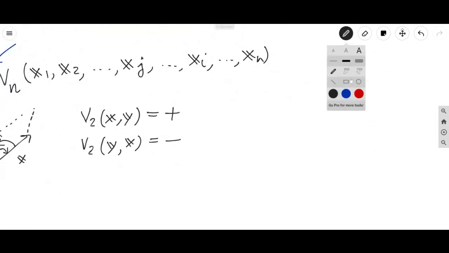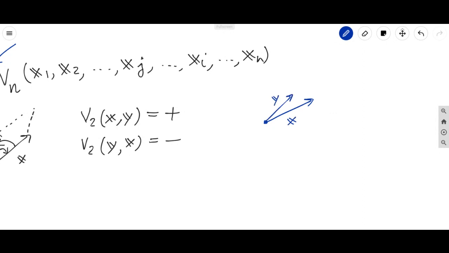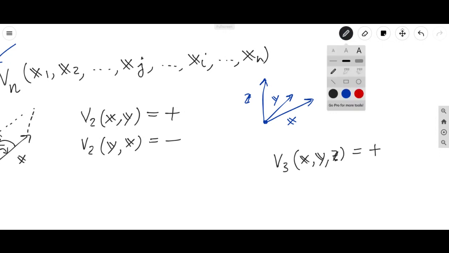In 3 dimensions, it's almost the same picture. It's just a little bit more complicated. Let's just draw it like this. So let's say that this is x, this is y, this is z. So these 3 vectors. Now if you try to calculate v3 of x, y, z, you would get the positive volume, because, well, let's draw the picture here.